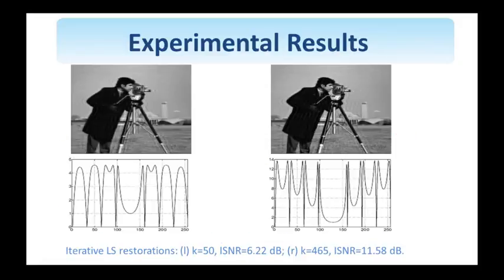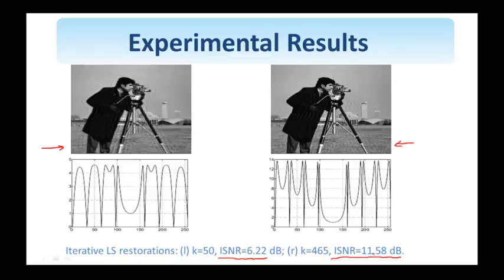We show here the restored images by the iterative least squares filter after 50 iterations and after 465 iterations at convergence based on this threshold that we utilized. So the image on the left has ISNR 6.22 dB, the image on the right has ISNR 11.58 dB.